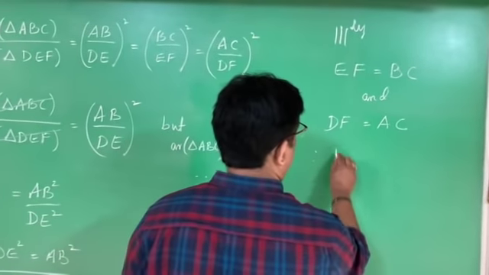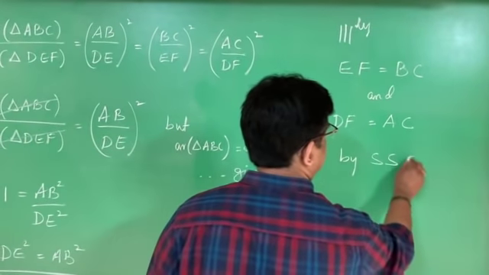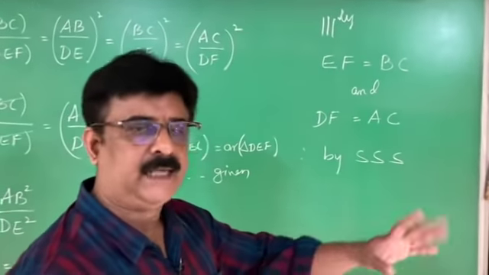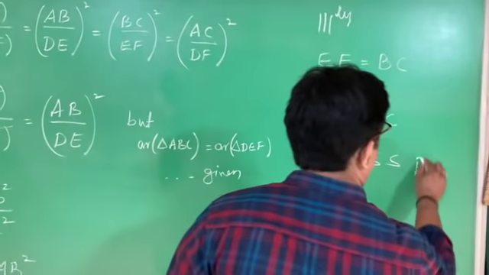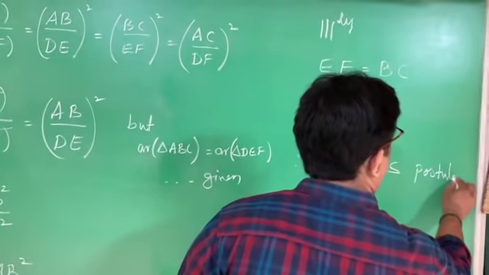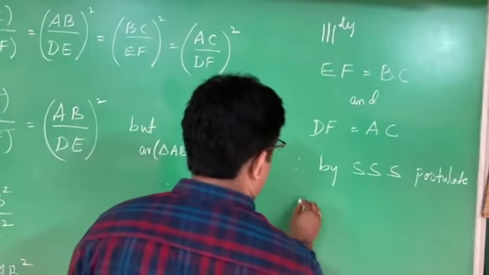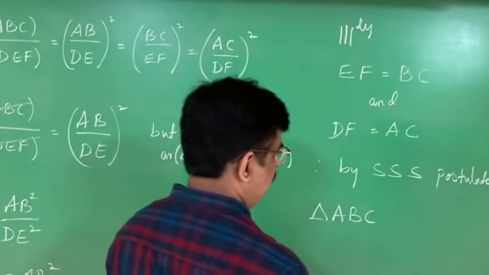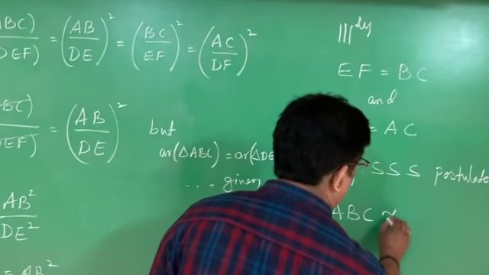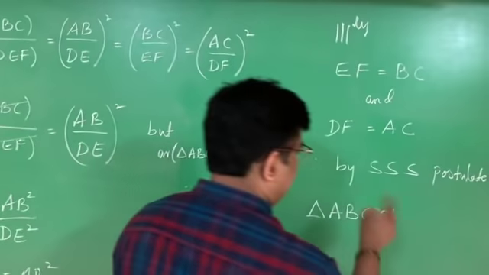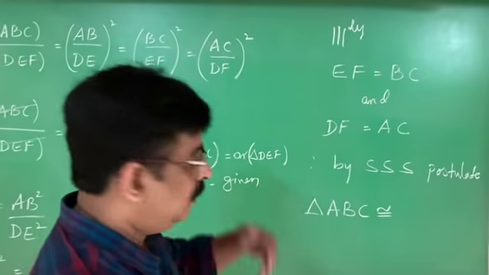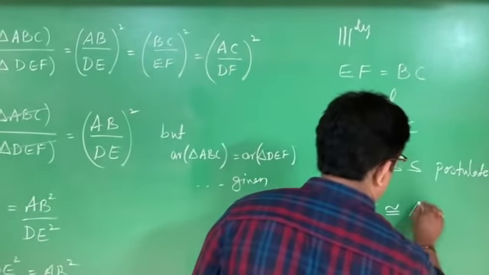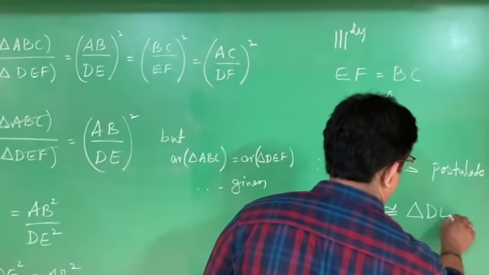Therefore, by side side side postulate, triangle ABC is congruent to, formerly it was similar, now it becomes what? Congruent to triangle DEF.